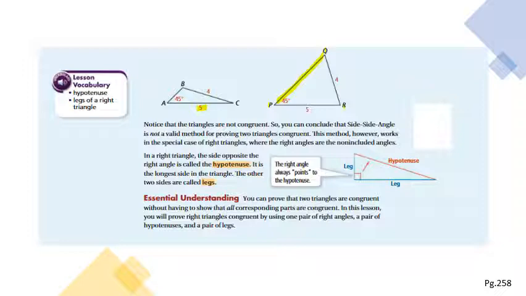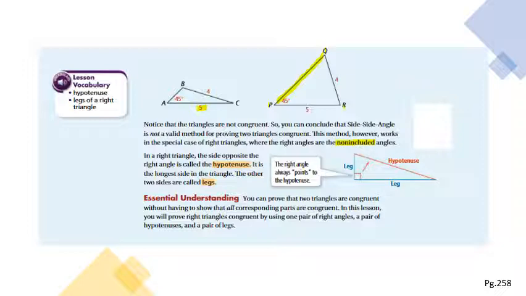So you can conclude that SSA is not a valid method for proving two triangles congruent. This method, however, works in the special case of right triangles, where the right angles are the non-included angle we took before. What is the meaning of non-included and included angles?